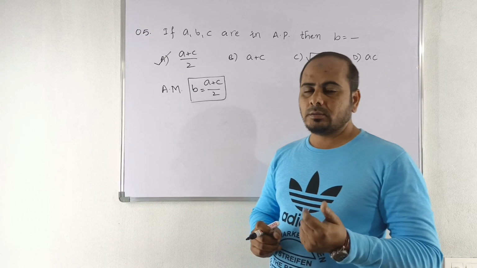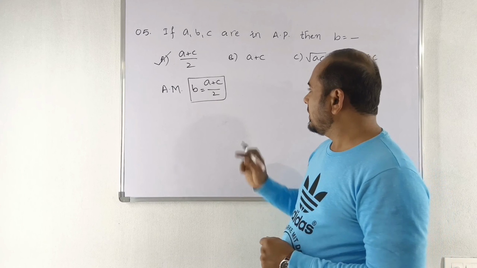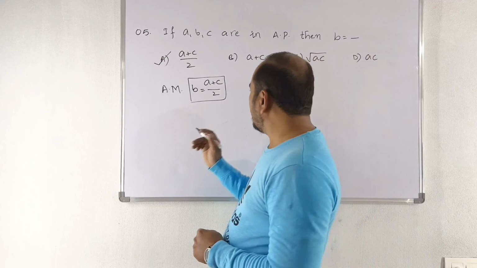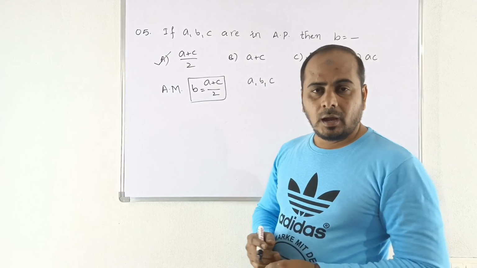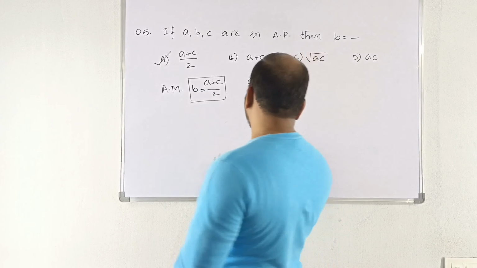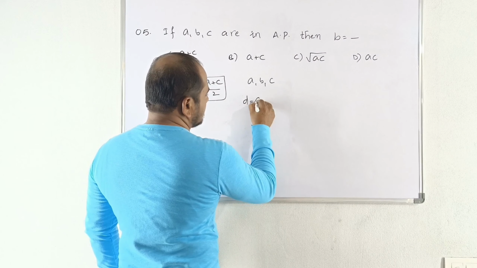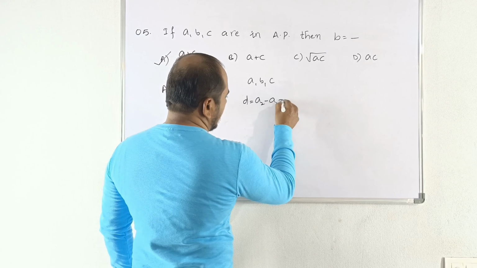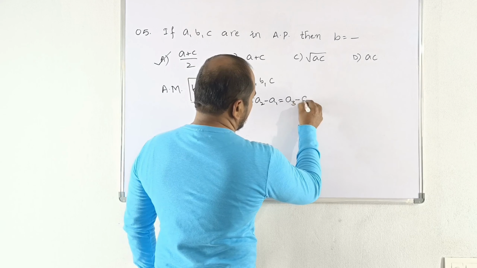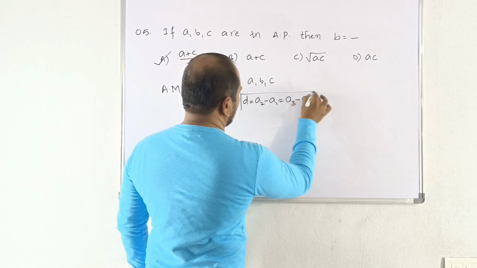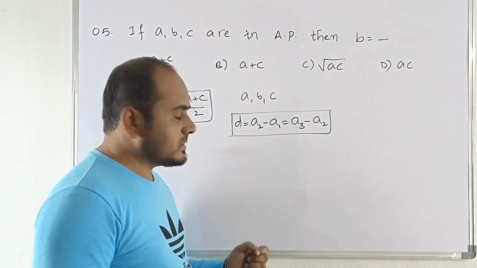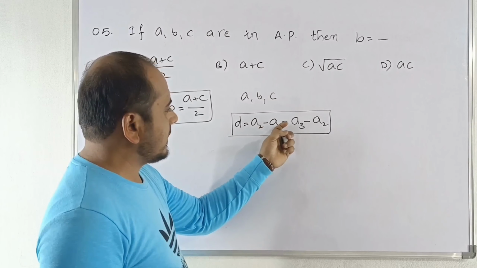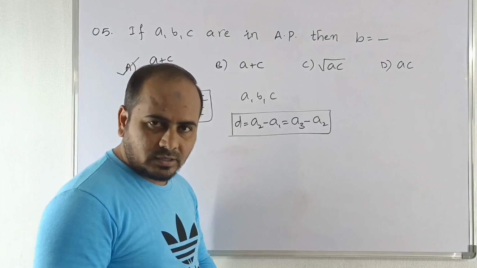How did we get it? That we shall discuss now. If A, B, C are in arithmetic progression, we know that the common difference is a2 minus a1, which is equal to a3 minus a2. You know this very well. So D is equal to a2 minus a1 is equal to a3 minus a2.